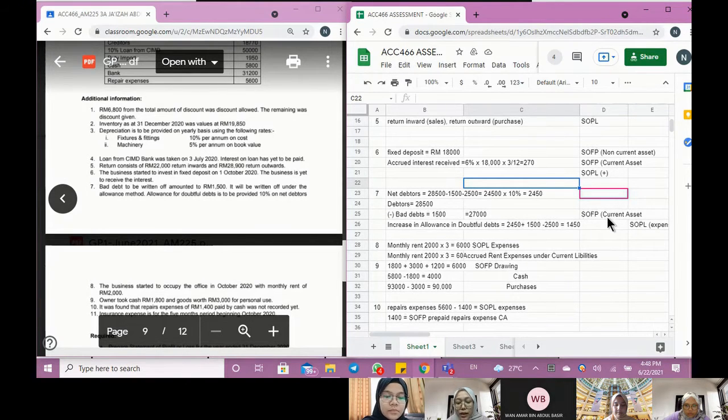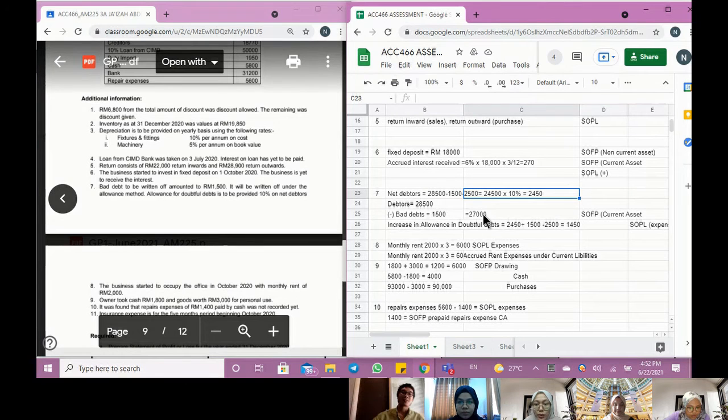And for that amount on the statement of financial position for the debtors, we need to minus the allowance for doubtful debts, which is 24,500 times 10%, and then we'll get 2,450, which affects current asset in the statement of financial position.